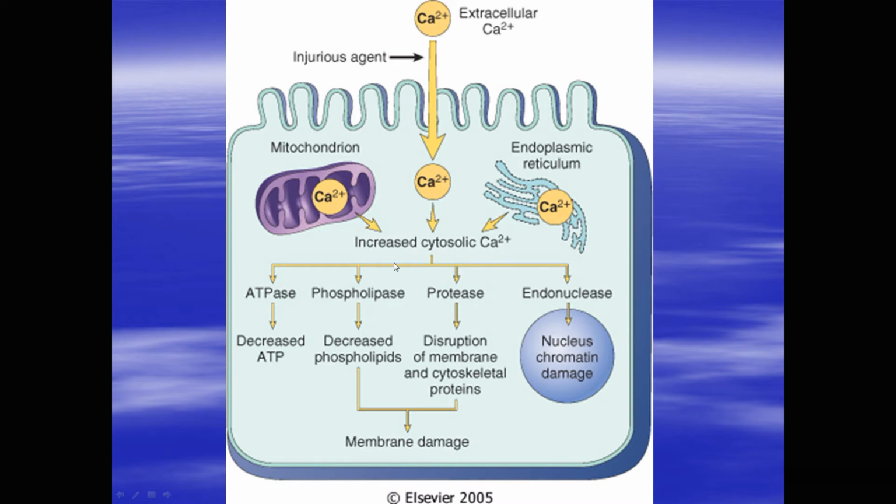The consequences: stimulation of the adenosine triphosphatase and exhaustion of the stored ATP, activation of phospholipase, decreased phospholipids and damage to the membrane, and protease activation with disruption of membrane and cytoskeletal protein. And finally, stimulated endonuclease will affect the nucleus chromatin, causing damage to the cell nucleus.